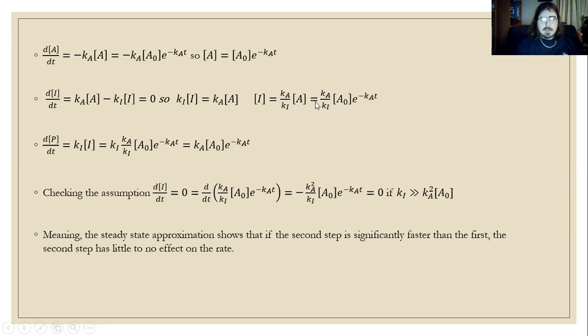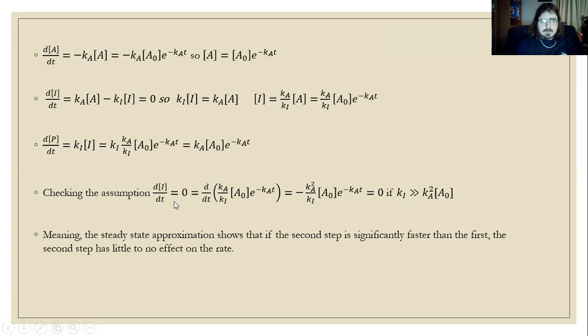So I is then Ka over Ki times A naught E negative Ka times T. And thus, if we have I, we essentially get down to brass tacks. The change in rate of P is Ka A naught E negative Ka times T.